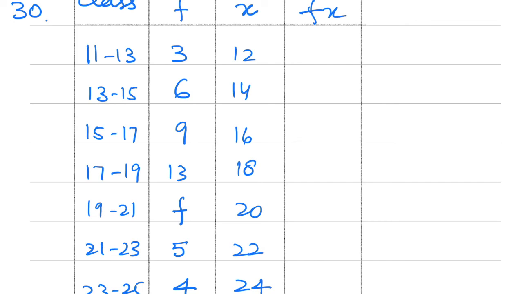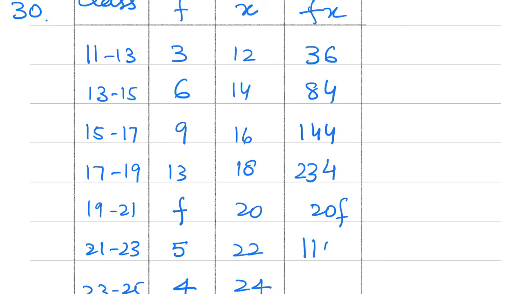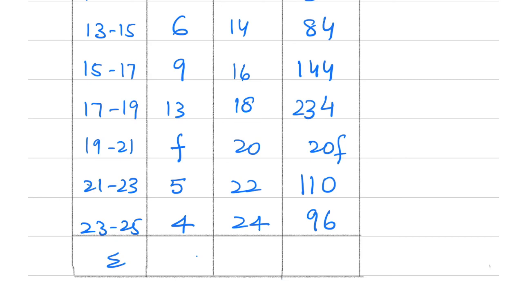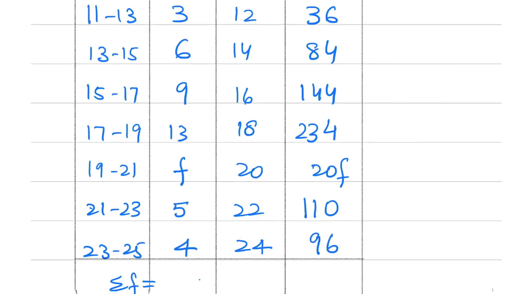So 12 times 3 is 36, 14 times 6 is 84, and 16 times 9 is 144. Then 13 into 8 is 104. Then we have 23 here. Then this would be 20 into the frequency of this class. Then we have 110 and 96. So here I'll find the sum of frequencies: 9, 18, 27 and 40.